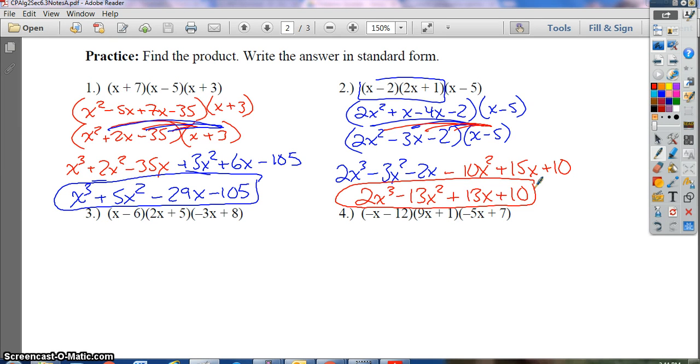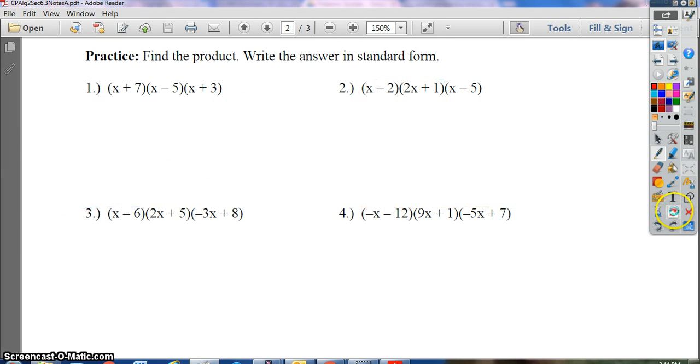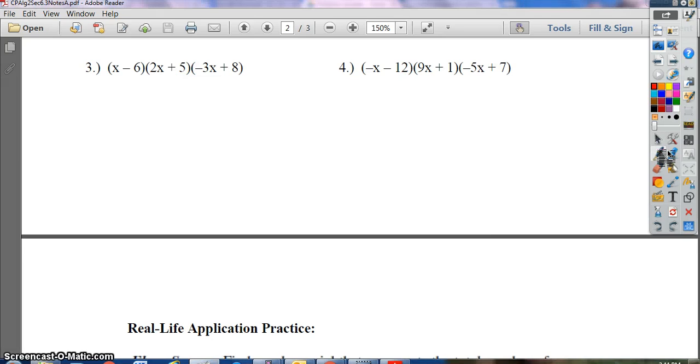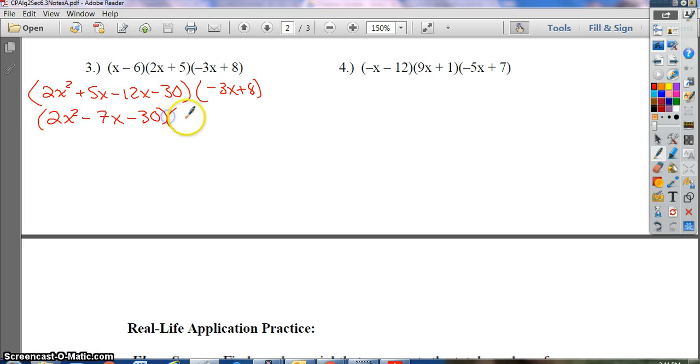All right. Shift this up here. 3 and 4. FOIL the first guys. This is 2x squared plus 5x minus 12x minus 30. Rewrite negative 3x plus 8. And combine like terms again. I have to do it another time over there. Negative 3x plus 8 here.